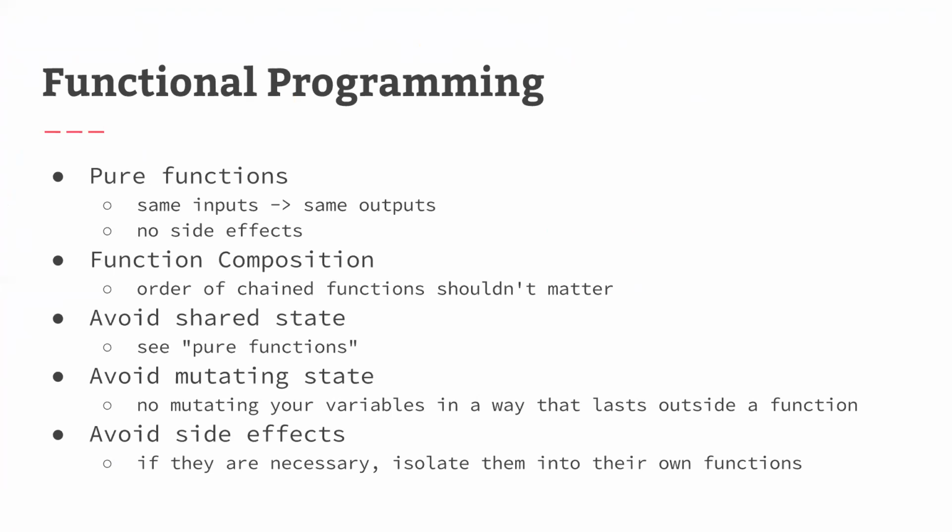It shouldn't change any global variables, and it shouldn't rely on any shared state, on things being a certain way outside of the function. This is pure functional programming. Also, if you chain functions, the order should not matter. You should get the same result if you do a map then filter versus a filter then map.